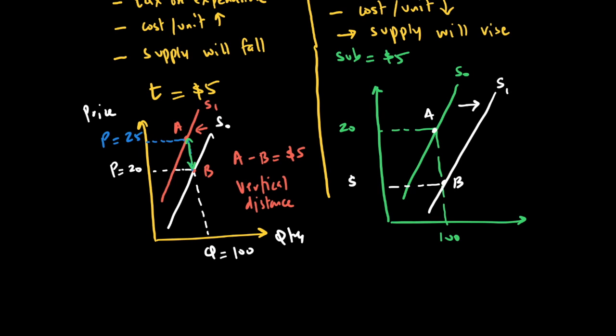So this will now be $15. So the supply curve shifts to the left in the case of taxes, and the supply curve shifts to the right in the case of subsidies.